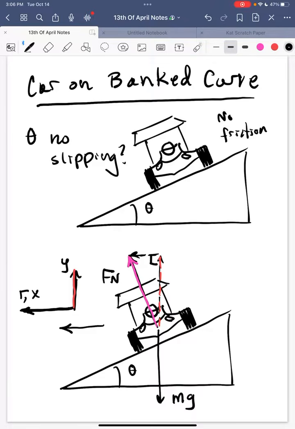It turns out that this angle here is theta. That angle is similar to this angle here, similar triangles again. So this is going to be the normal force times the sine of theta, because it's opposite the angle. And this is going to be the normal force times the cosine of theta, because that is the adjacent side to this angle theta right here.